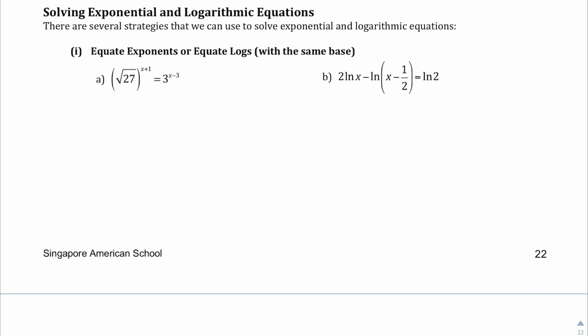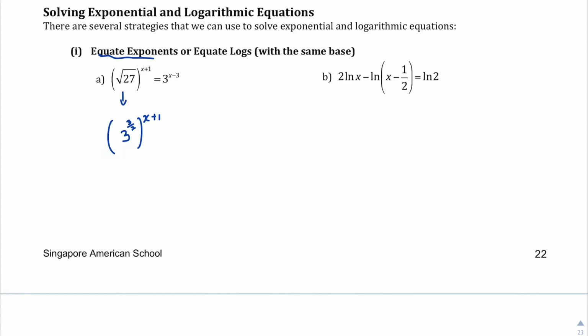Okay, in this case, we're going to focus on equating exponents, which essentially means we want to get those bases to be the same. So the square root of 27 can be rewritten as 3 to the power of 3 over 2. The 3 cubed accounts for the 27, and the exponent being divided by 2 accounts for the square root.